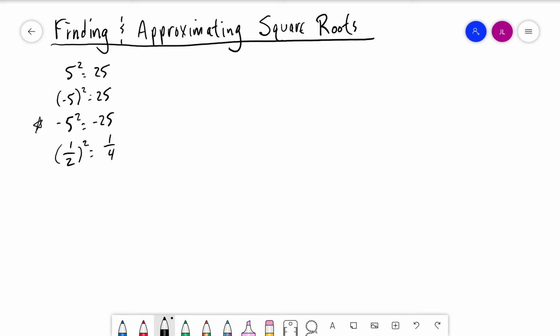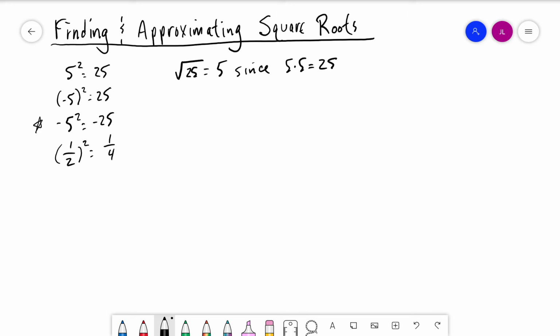But the reverse of this is finding the square root of a number. So the square root of 25 is 5, since 5 times 5 equals 25.